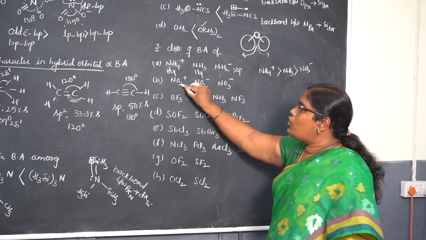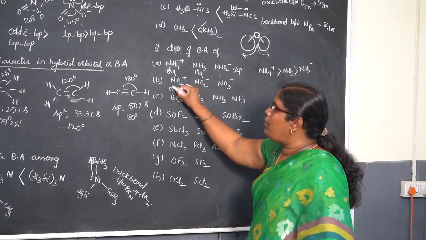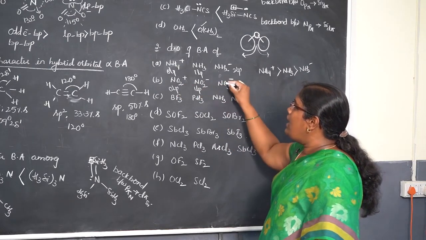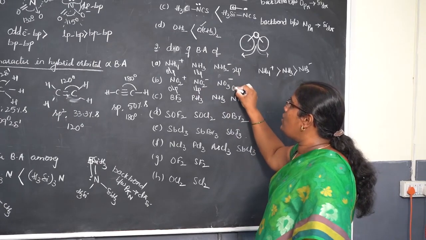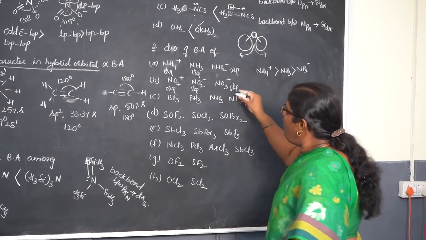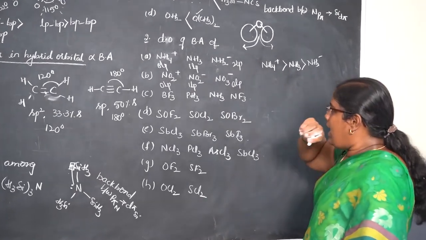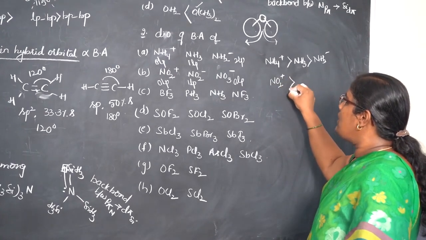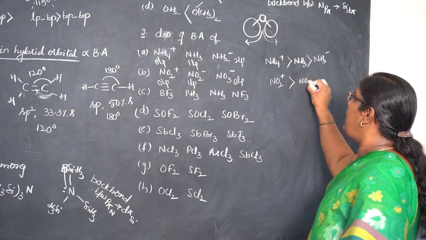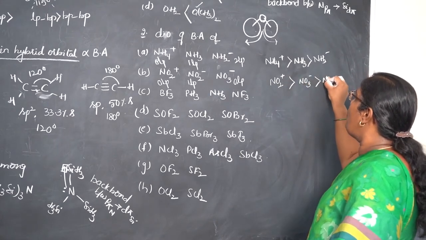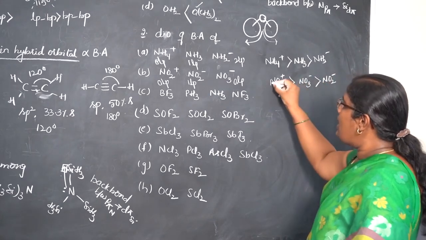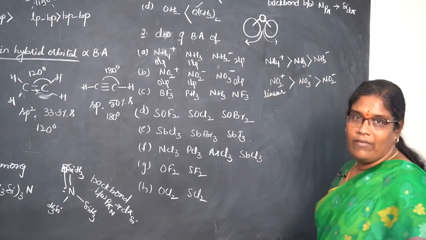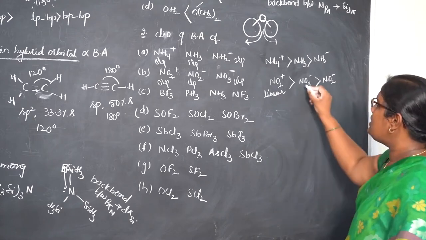Now, NO2+ 0 lone pairs, NO2- 1 lone pair, NO3- 0 lone pairs. So which will have more bond angle? It is NO2+ more than NO3- more than NO2-, because NO2+ is a linear molecule, it is having more bond angle, 180 degrees.